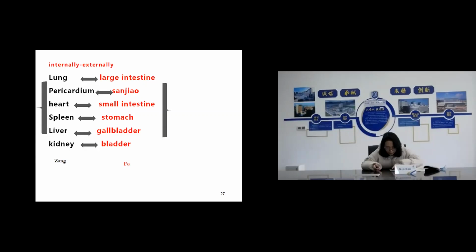Then the heart meridian runs from the chest to the little finger of the hand. Then it connects with the small intestine meridian. Then the small intestine meridian runs from the hand to the head.